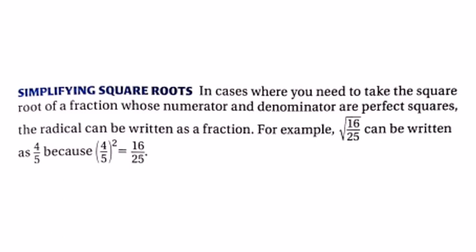So, in cases where you need to take the square root of a fraction whose numerator and denominator are perfect squares, here is a list of perfect squares: 0 is 0 squared, 1 is 1 squared, 4 is 2 squared, 9, 16, 25, 36. Hopefully you guys know these. You should definitely be able to do up to, I would say, typically 12 squared, 144, in your head.